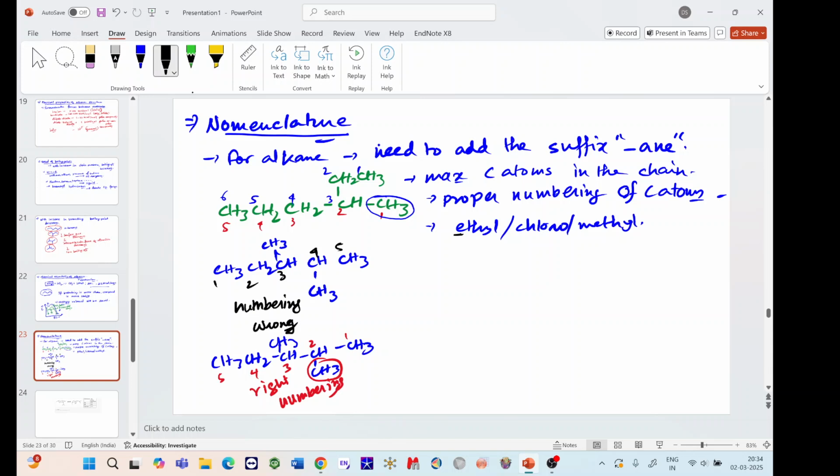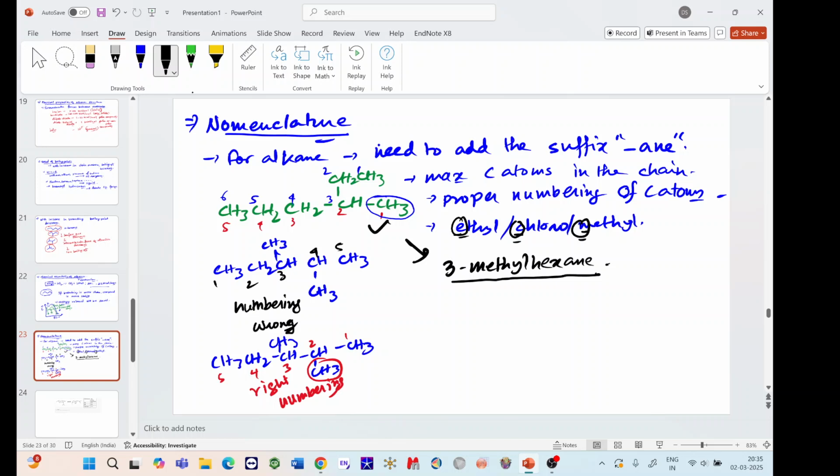So it starts with E, C, and M. C will come first, then E, and at the end M. This is the way you have to put the substituents. So for this compound, what should be the name? 1, 2, 3, 4, 5, 6. That is hexane, and at the 3 position you have methyl. So 3-methylhexane. It should be one single word, 3-methylhexane, like that.